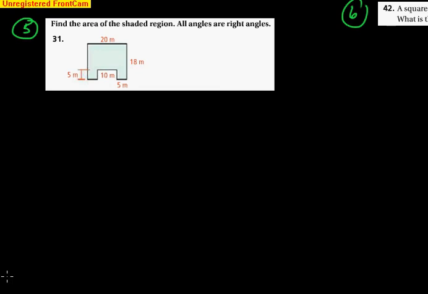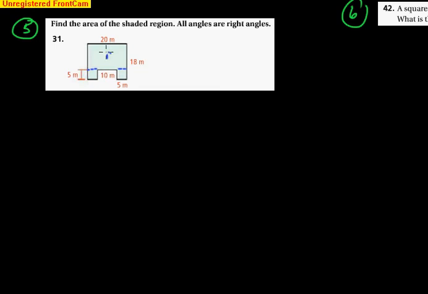5. Find the area of the shaded region. All angles are right angles. So here's this picture. It's an irregular shape, so we must break it apart so that it becomes regular. Now, if I draw dotted line there, dotted line there, I believe I've created 3 regular shapes.